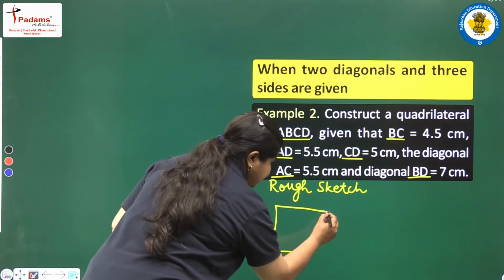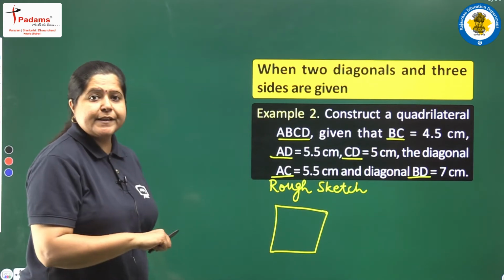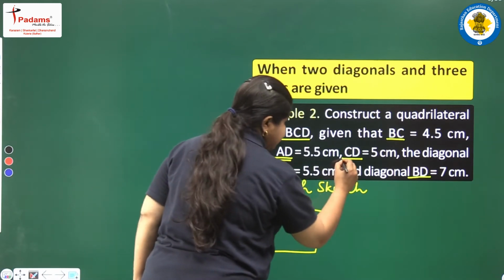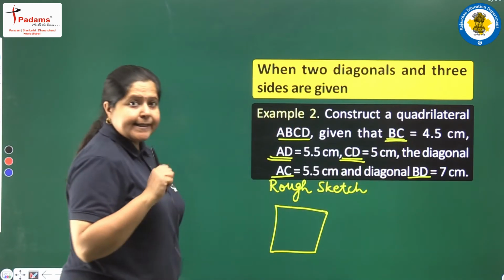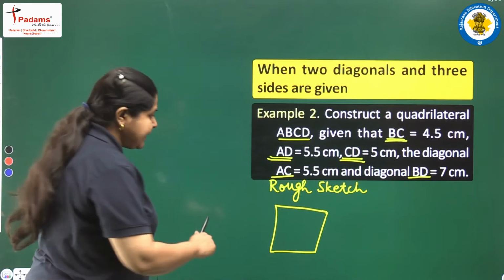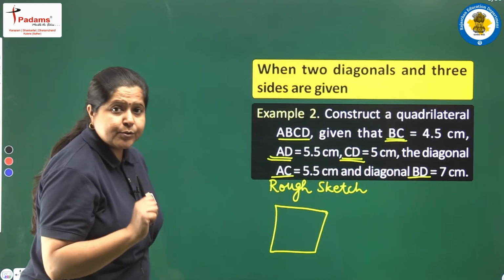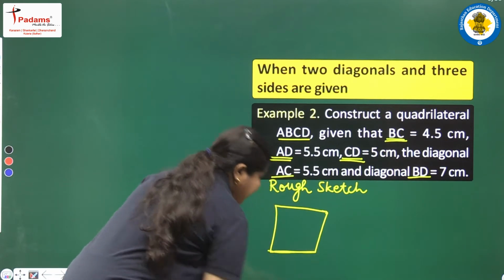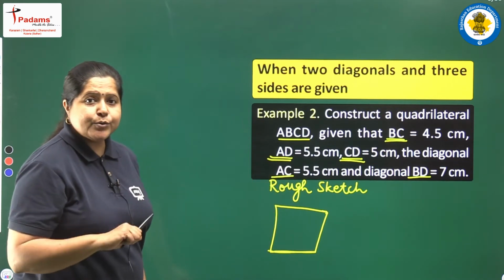Now we need to take care while writing the name of this rough sketch because we know only 3 of its sides. The 4th side is unknown to us, and while naming this rough sketch we need to take care that we don't name this bottom line segment as the side which is unknown to us.